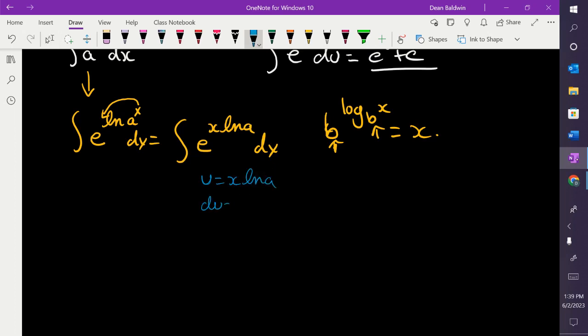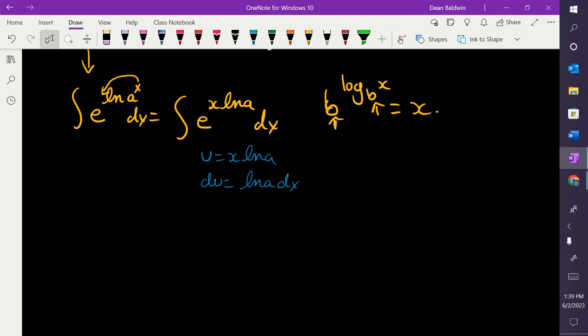So du is equal to what? Ln of a, because ln of a is a constant, right? So we just differentiate the x and it has a derivative of 1. So the derivative is just ln of a times dx.